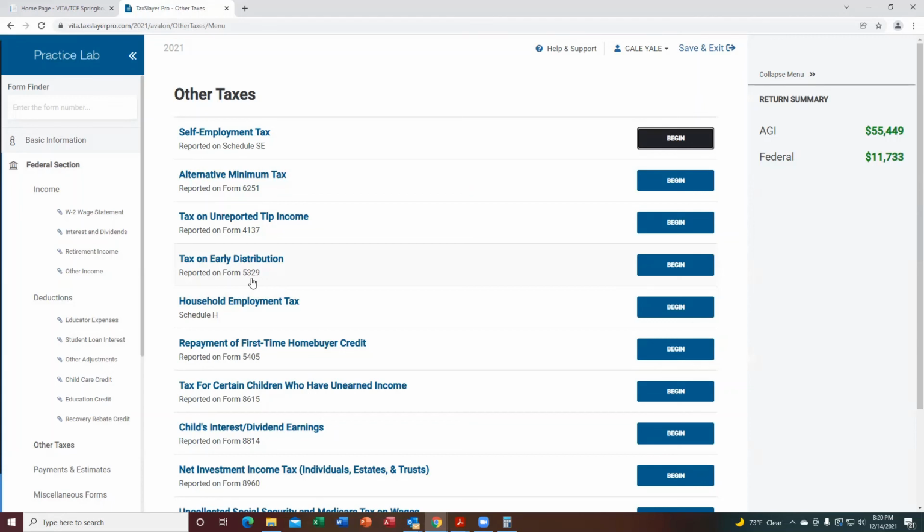So 10% of 1,000 would be $100. So if you notice, currently my federal tax return refund amount is $11,733. So as we move on and we enter this, it should move up by $100, only because it will not assess the 10% on the 1,000. So I'm going to enter the information here.